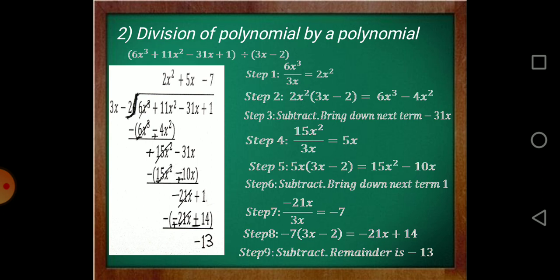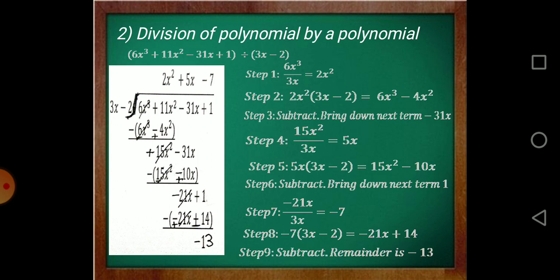Again, this is written under the terms of the dividend. Now, we perform subtraction. So, minus 21x becomes plus 21x. Plus 14 becomes minus 14. And minus 21x and plus 21x get cancelled. And minus 14 plus 1 is minus 13. Now, the degree of this 13 is 0 and the degree of the divisor is 1.